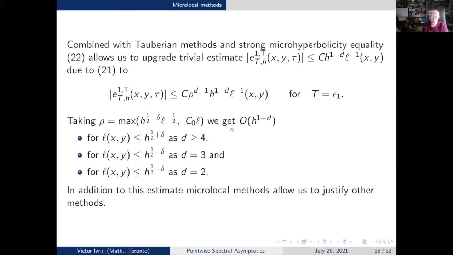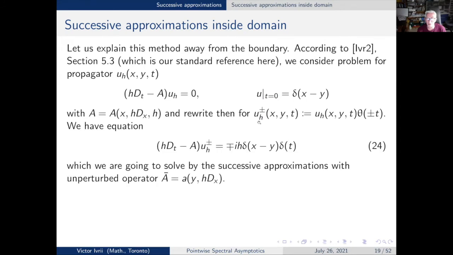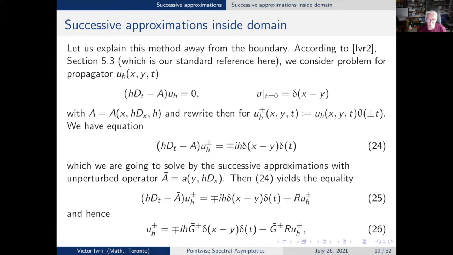In addition to this estimate, my local method allows us to justify other methods. There are successive approximations. First, I explain successive approximation inside of the domain. We need to consider this and rewrite the equation for U plus minus like that, and we'll solve it by successive approximation.